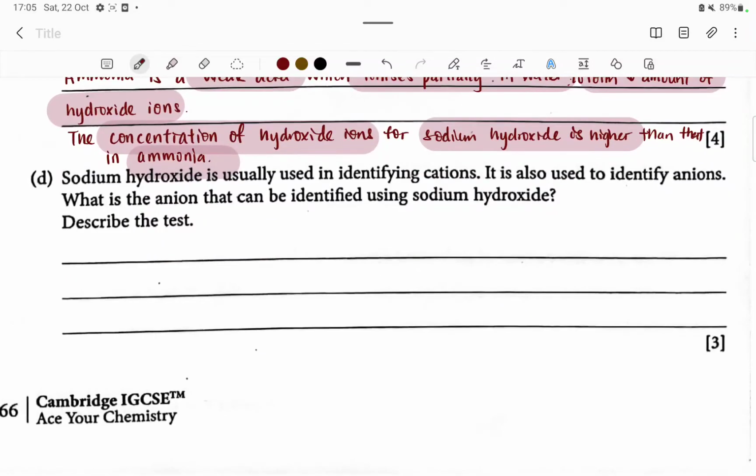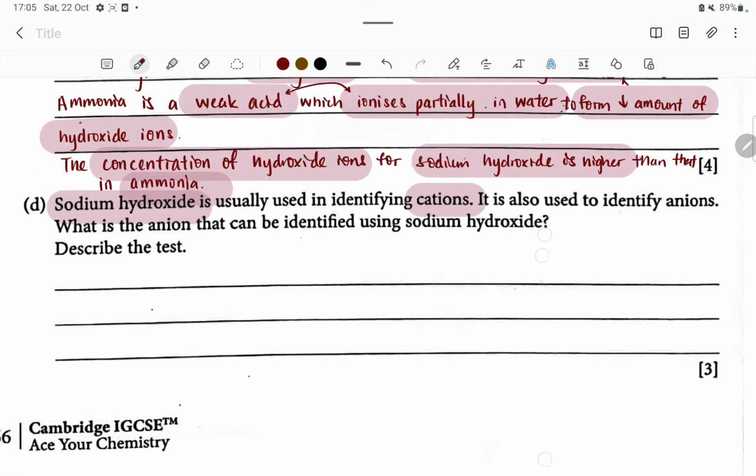Sodium hydroxide is usually used in identifying cations. So we use this sodium hydroxide to identify cations. What is cations? Cations are positive ions. It is also used to identify anions. What are anions?